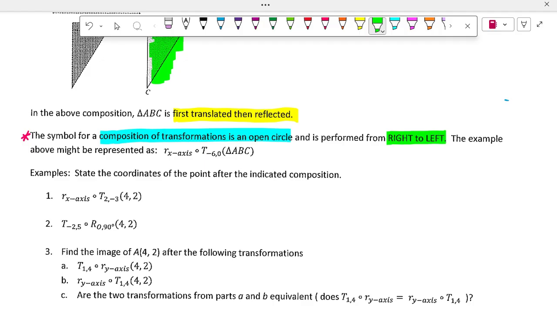All right, so here's the example. Now, typically, these will be written in function notation. So remember, capital T and then two numbers, that's your translation. Where A is your what?